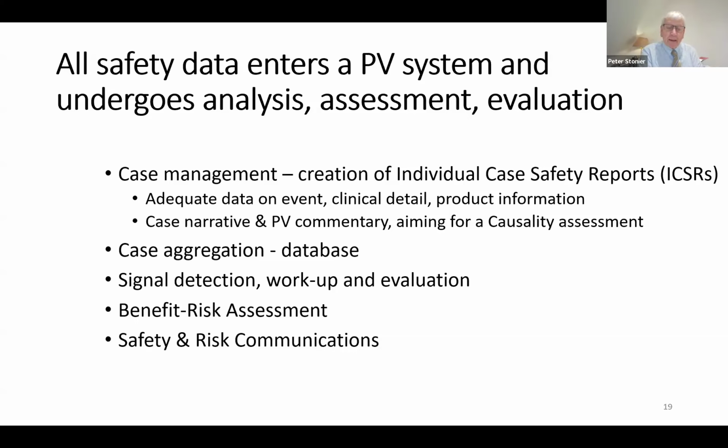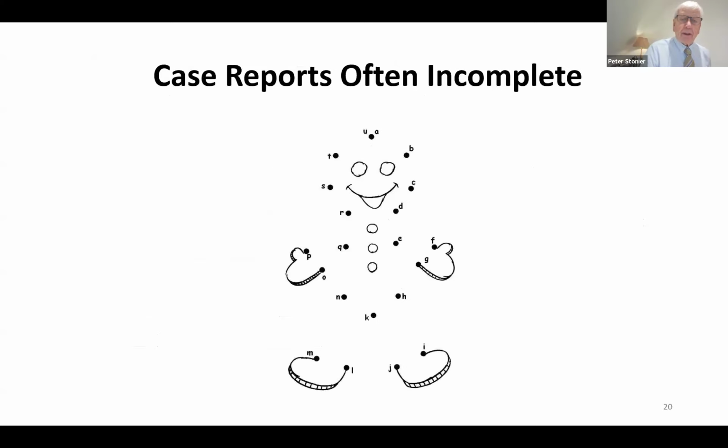And ultimately, when that's agreed, when that's proven to be positive and there's a drug available, then all of this safety data can be communicated through many channels to healthcare professionals, patients, and the public.